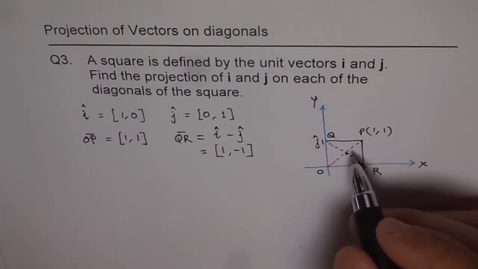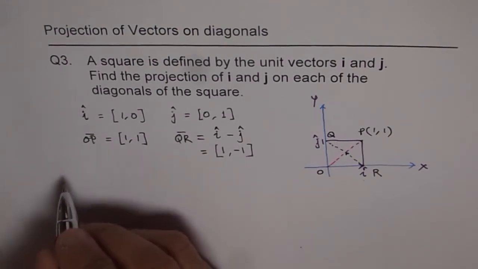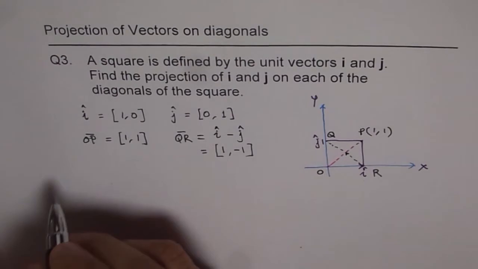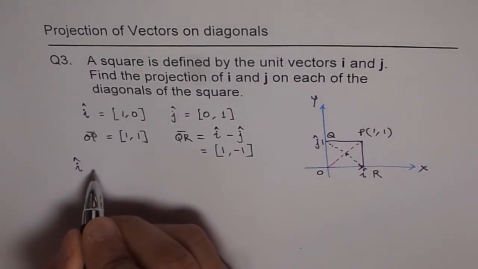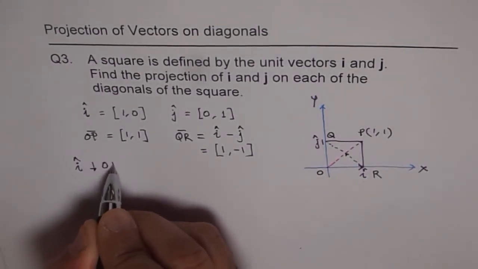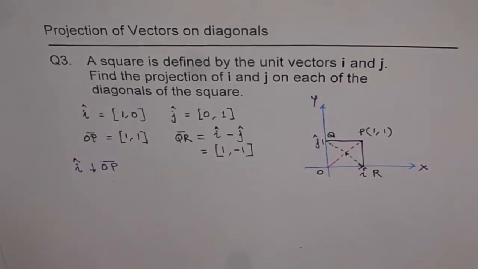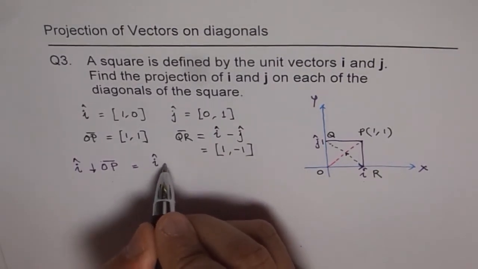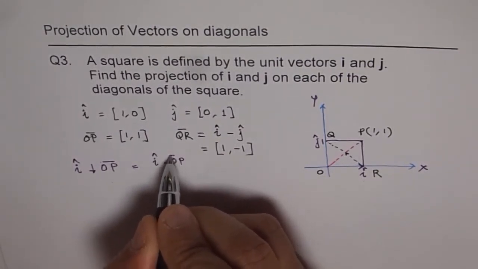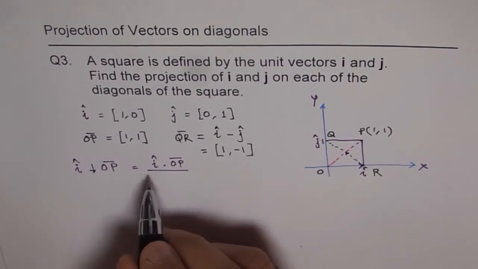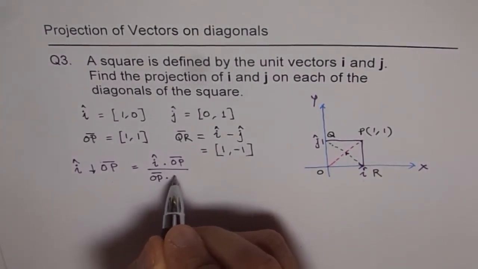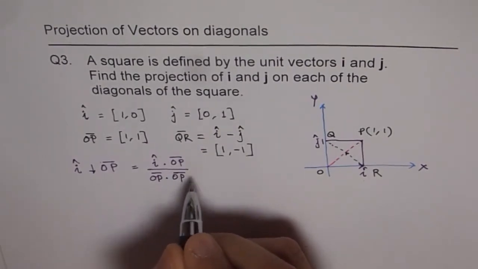Now the only thing is you need to remember the formula. Now let's say projection of vector i on OP, for example, correct? If you want to do this, then it is vector i dot OP, and since we are projecting it on OP, we need magnitude, OP dot OP here in the denominator, right?